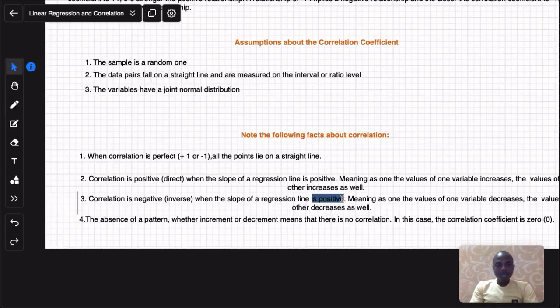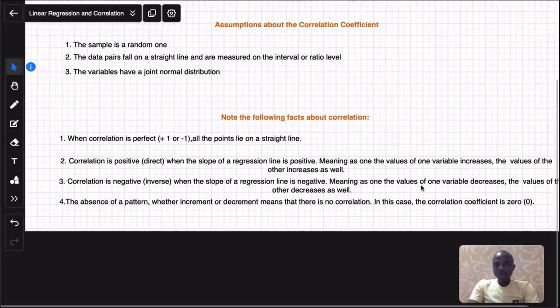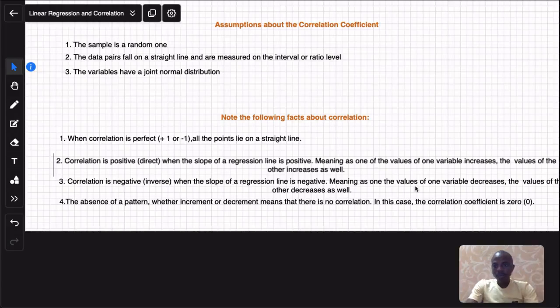So correlation is negative when the slope is negative, not positive here, please. Negative, meaning that as the values of one variable increase, the values of the other increase as well. Okay.